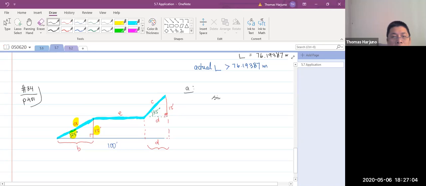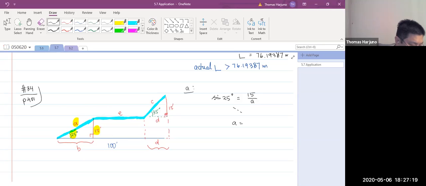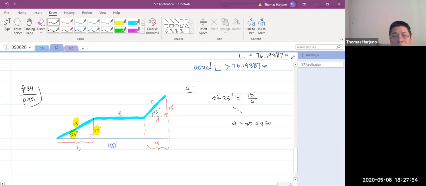So sine 25 degrees equals 15 over A. Now let me ask you to solve for A. Let me know if you get any answer. I get 35.49302 here.